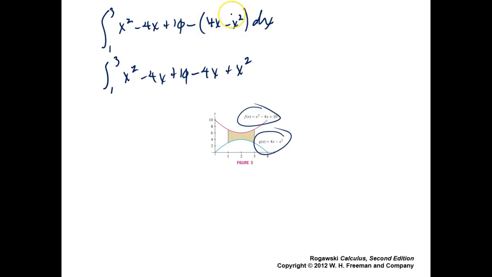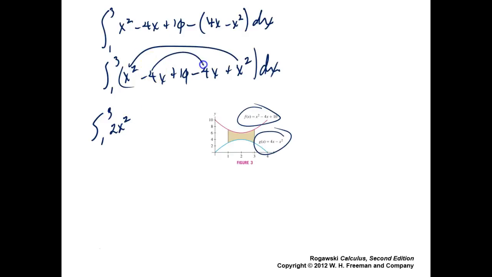Distributing the minus sign across the parentheses. And that's all times dx, and then combining like terms, it's the integral from 1 to 3. You've got x squared plus x squared is 2x squared, minus 4x minus 4x is minus 8x, plus 10 dx, right?